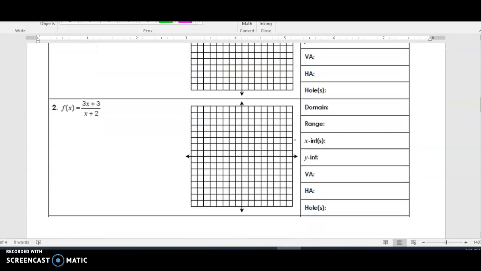If you look at the second question, I'm choosing the second question just like that, there is no real reason why I chose this. It's 3x plus 3 over x plus 2, okay? I would always start by writing it in a factored form, which is already done in this case, or because 3 is a GCF, you may want to write it this way.